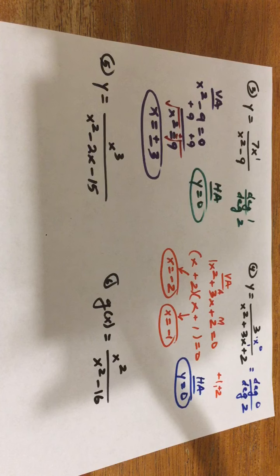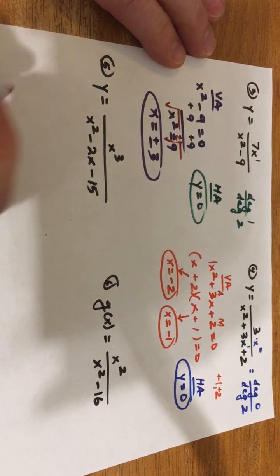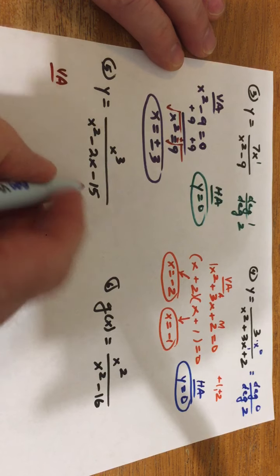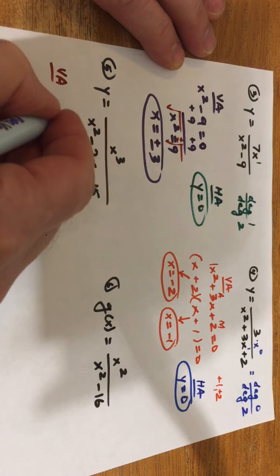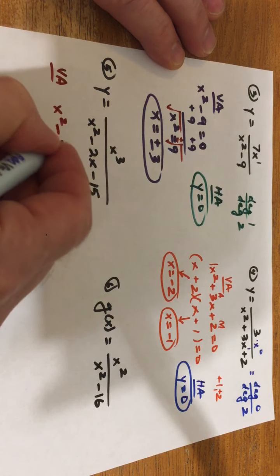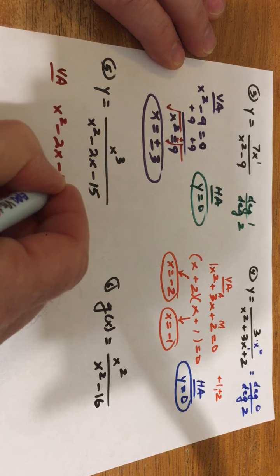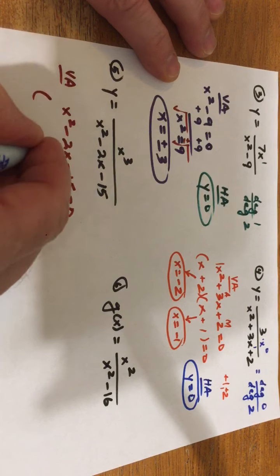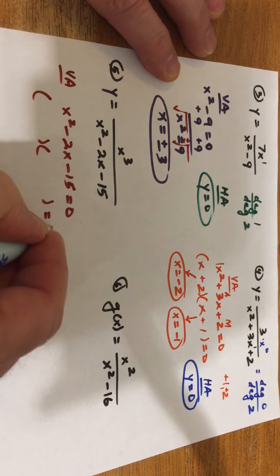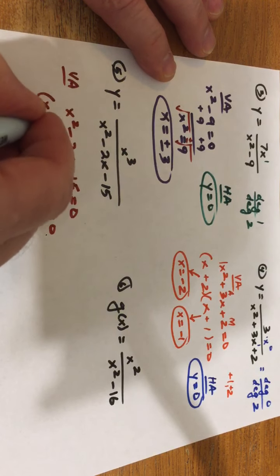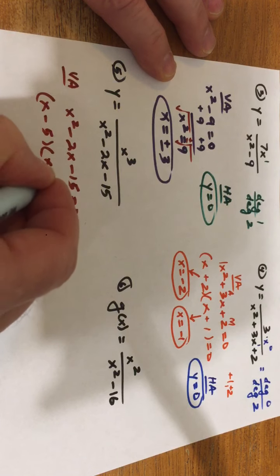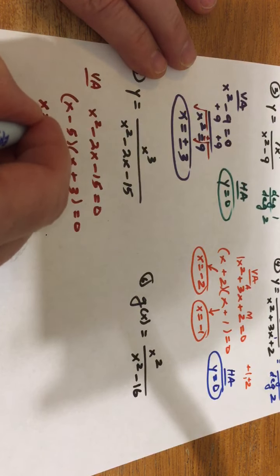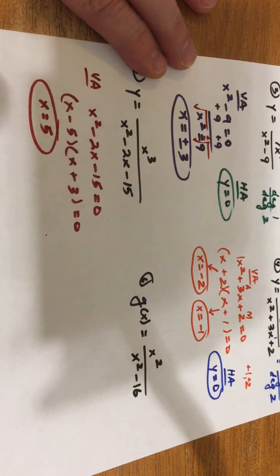All right, let's go through problem number 5. Looking at problem number 5, the vertical asymptote right here. Set our denominator equal to 0, and we're going to need to solve this by factoring. And so here we're going to get x is equal to 5 as a vertical asymptote.